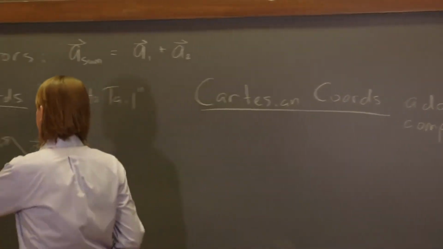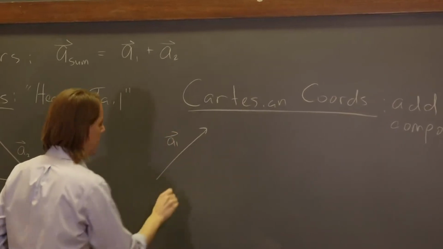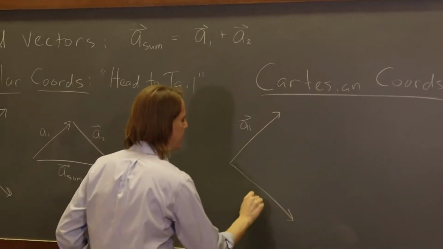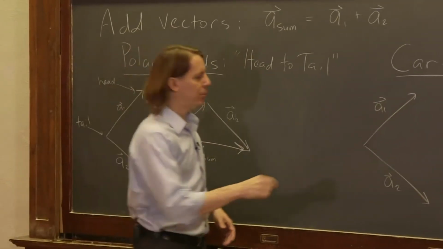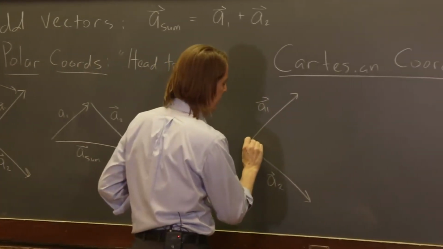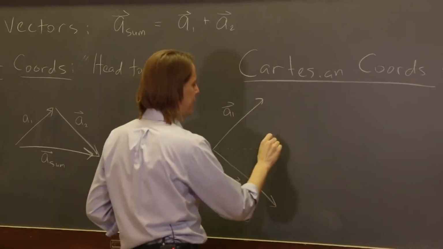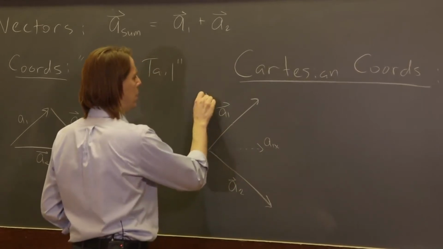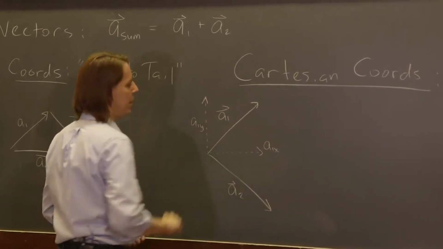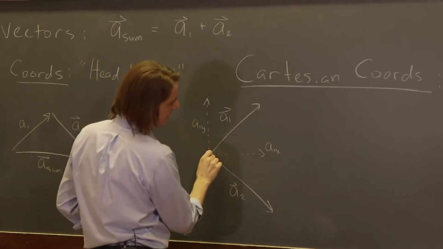So let's take the same two vectors. Here's A1, and here's A2, like that. And you break them into components. You say, okay, here is A1x, right? And here is A1y, and here is A2x.